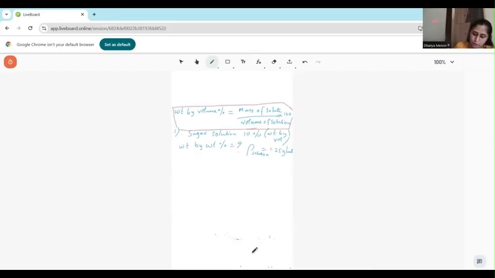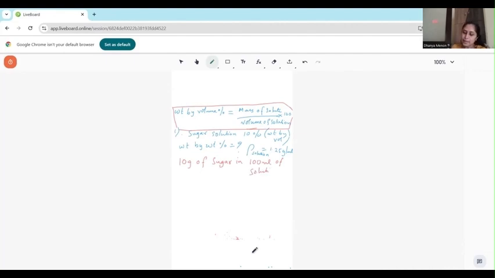If I say the sugar solution is 10% weight by volume, that means I have 10 grams of sugar in 100 ml of solution.